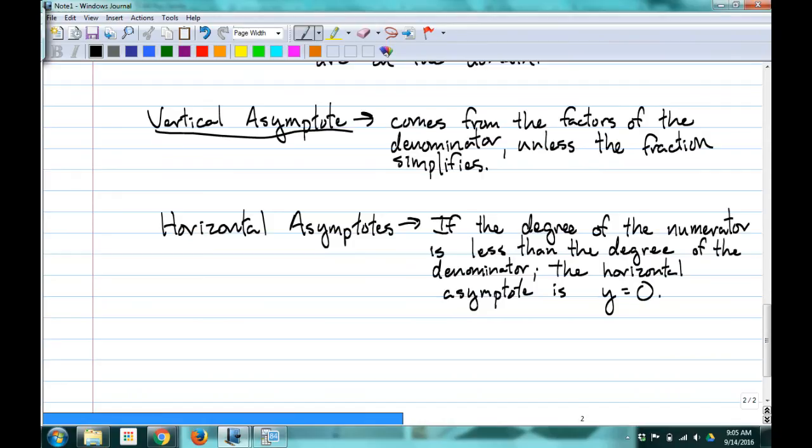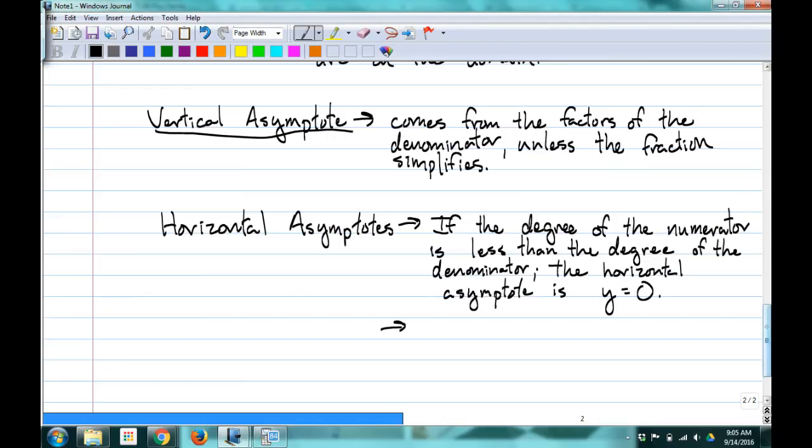It doesn't matter how much less it is. We could have an x to the second power on top and an x to the fifth power on the bottom, and that's still less, so it's y equals 0. We could have an x to the first power on top and an x to the second power on the bottom. It's still going to be a horizontal asymptote at y equals 0, always. That's one condition for a horizontal asymptote.